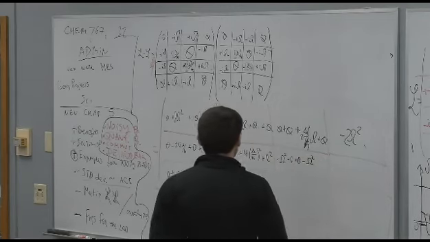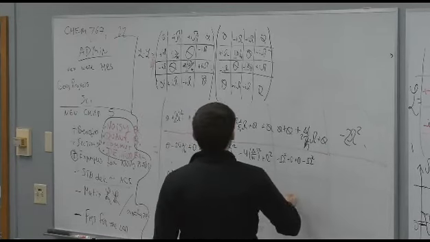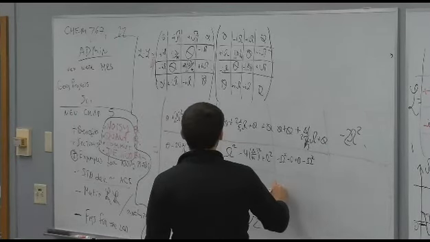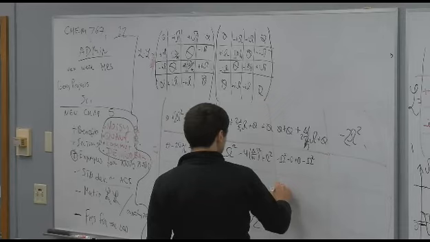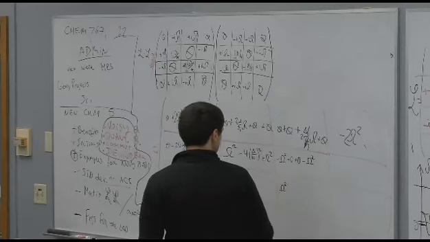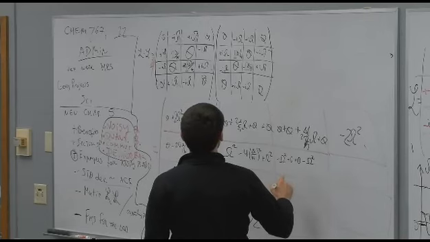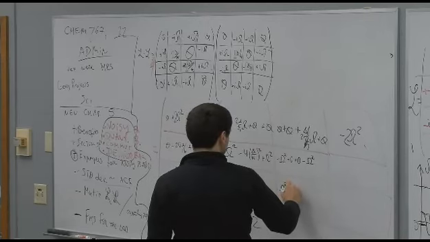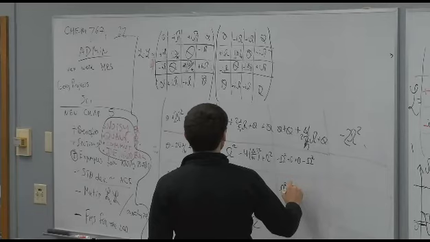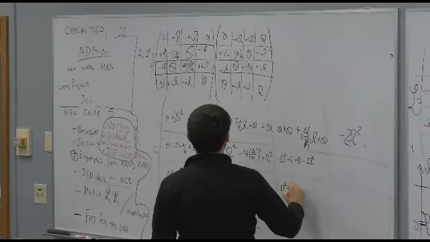Next one. Minus omega squared. It's minus omega squared. It's going to be 0 next, plus 0. Plus second row by second column.